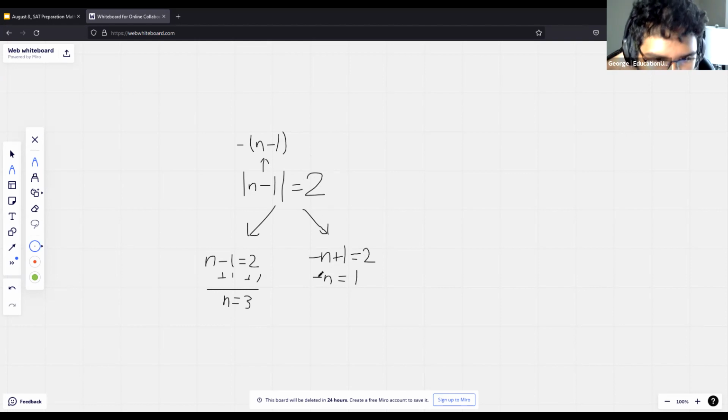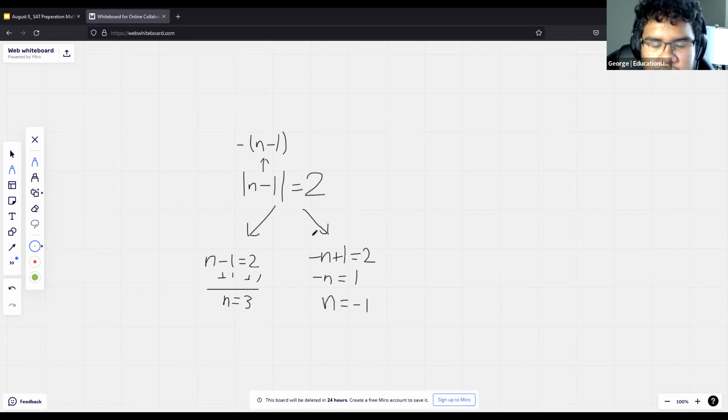And then to solve for n, we just multiply both sides by -1, which is just flipping the signs. So we end up with n equals -1. And that's another possible solution, because -1 minus 1 is -2. But since the -2 is inside of an absolute value function, it becomes positive, so it equals 2 as well.